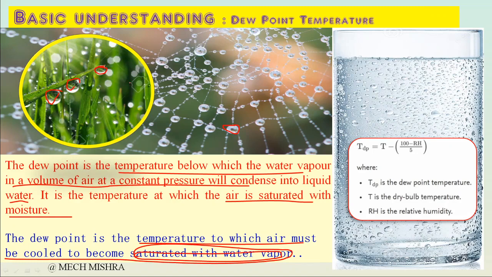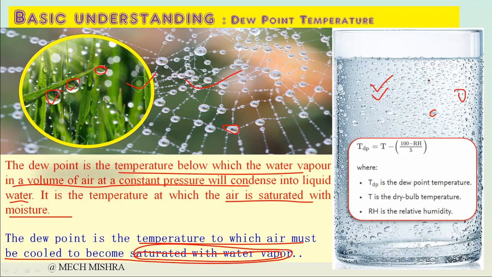So these two examples you have seen. Third example is the glass of water. When you fill a glass with some cold liquid like cold drink, iced tea or icy water, you will see that on the outside of the glass droplets suddenly get formed.